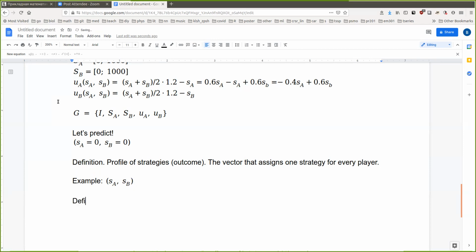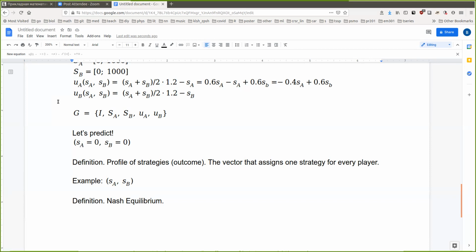And we have the definition of Nash equilibrium finally. Nash equilibrium is a profile of strategy. So there are many definitions of Nash equilibrium. They are equivalent, obviously. It would be strange that a mathematical object has conflicting definitions.